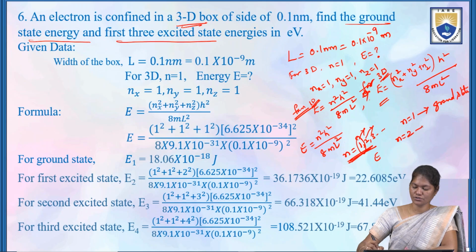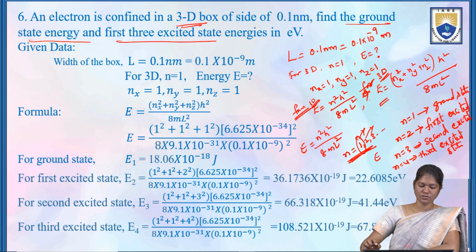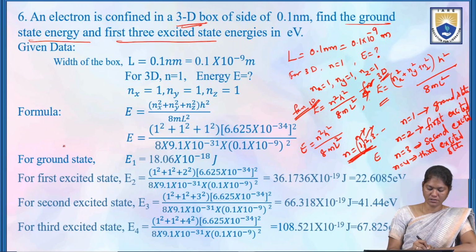If n is equal to 2, we will get the first excited state. n is equal to 3, we will get the second excited state. n is equal to 4, we get the third excited state. So here, this is the ground energy level.